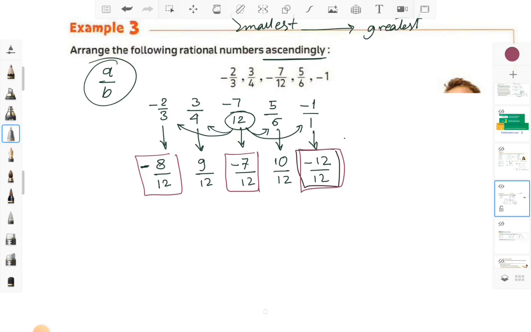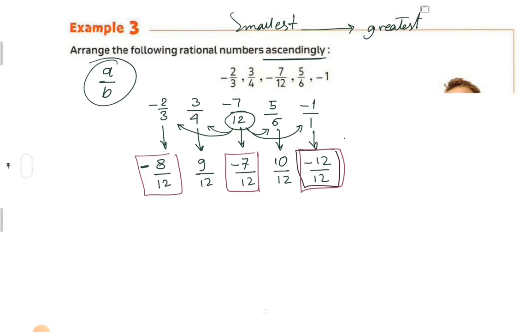Of course, these rational numbers are smaller than the positive rational numbers. Which one is smaller than the other? We can find out: negative 8, negative 7, negative 12.